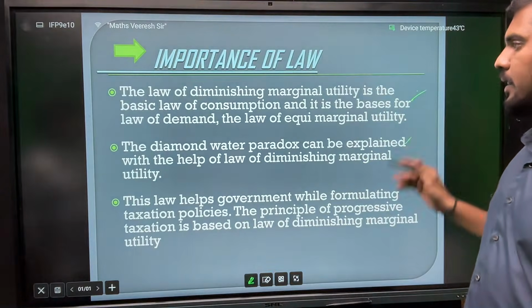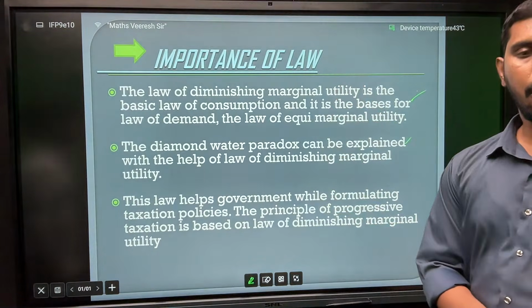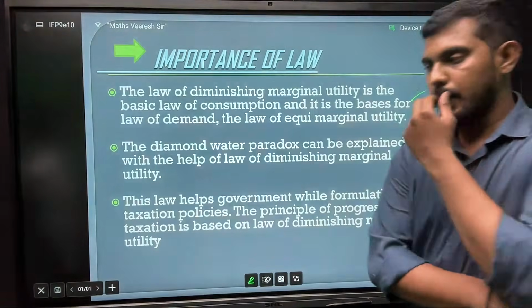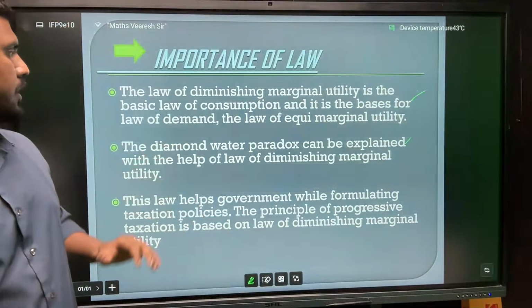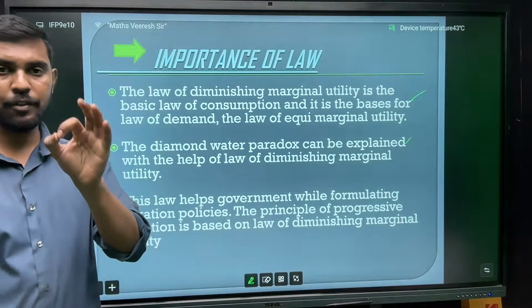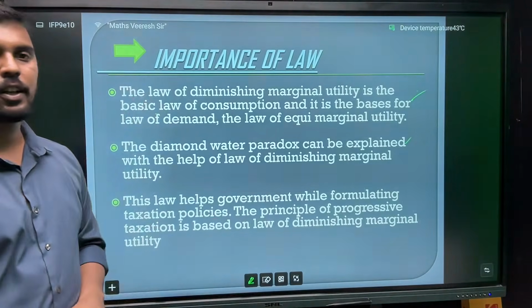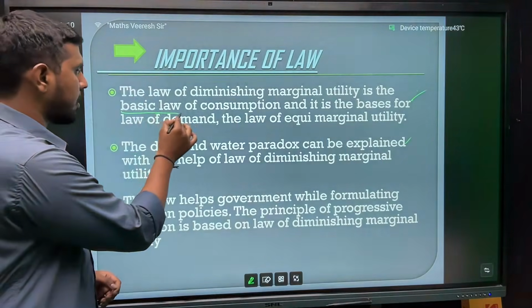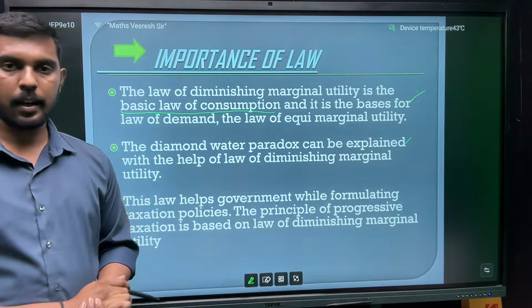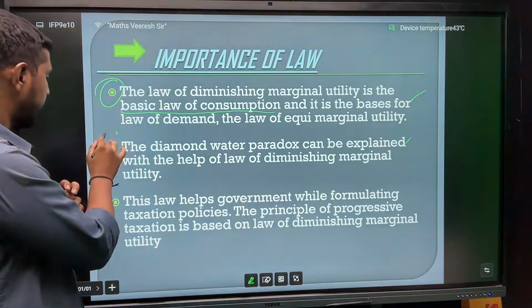Write down these two importance points. The law of diminishing marginal utility is one of the basic laws of consumption. Importance, you have to write only 2.